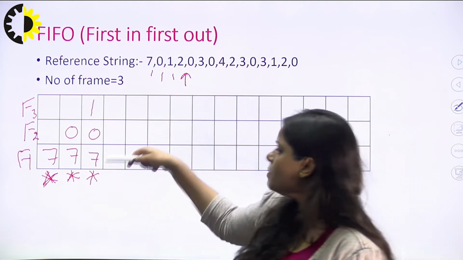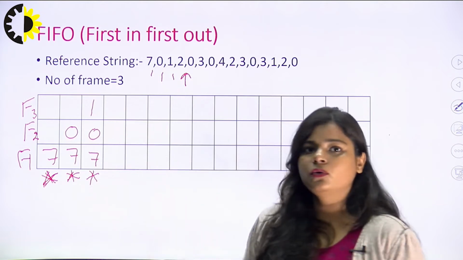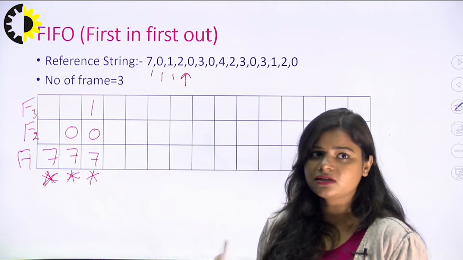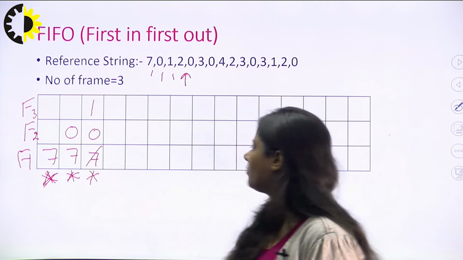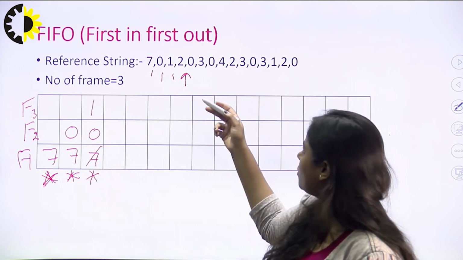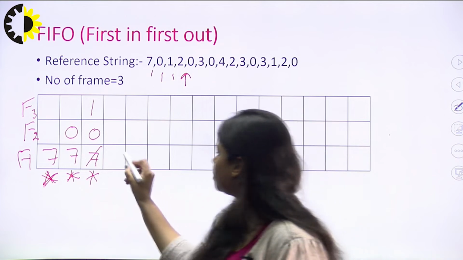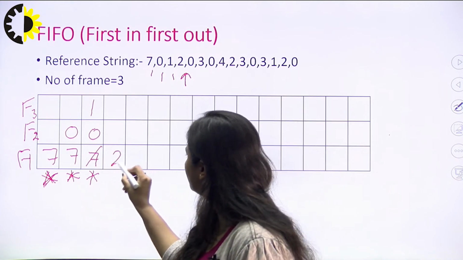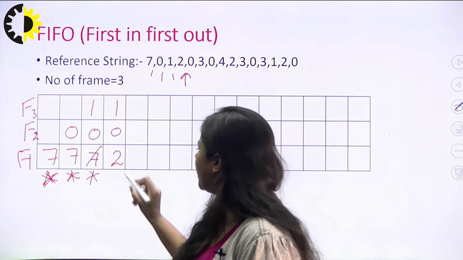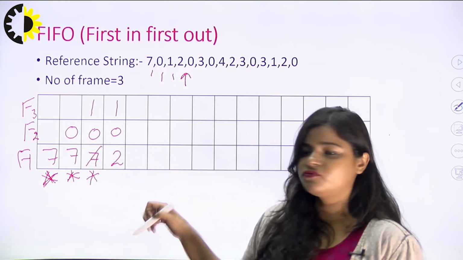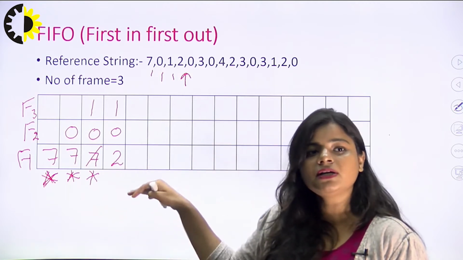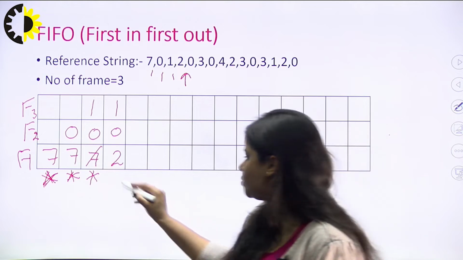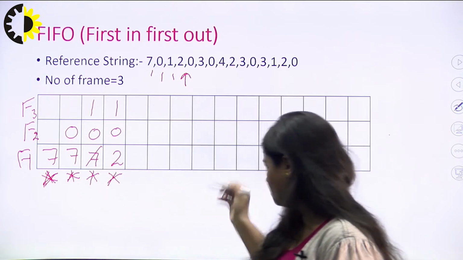Among 7, 0 and 1, who came first? 7. So 7 will be removed, and 2 will be in the place of 7. So we will write 2 here and 0 and 1, and again 2 was not inside the main memory. That's why it is again a page fault or page miss.